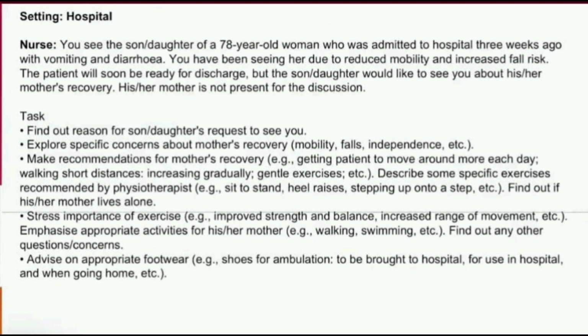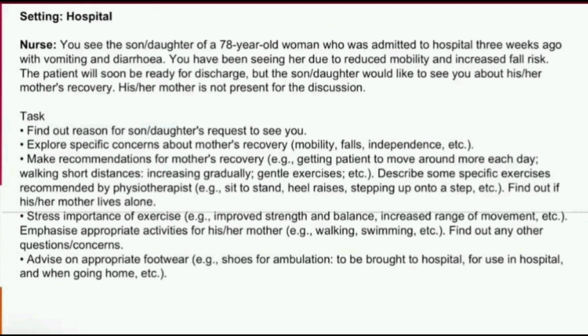So we can say, how may I help you, Miss Elizabeth? Or we can say, Elizabeth, you requested me to see you, is everything fine? This is another sentence which will be helpful for you to build a relationship with the bystander.